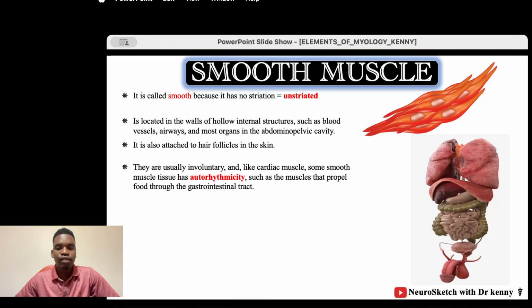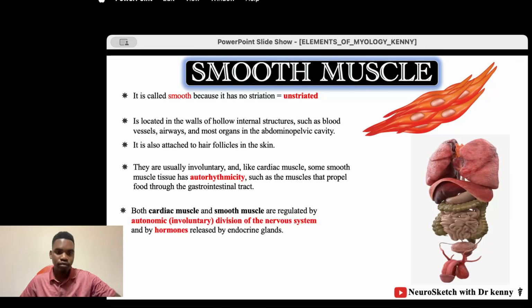For example, like we have seen the propelling of food within the gastrointestinal tract, the peristalsis, that is automatically controlled. All right, so as we've said, they are controlled by the autonomic nervous system. Don't worry about the autonomic nervous system. We have a separate discussion about it.